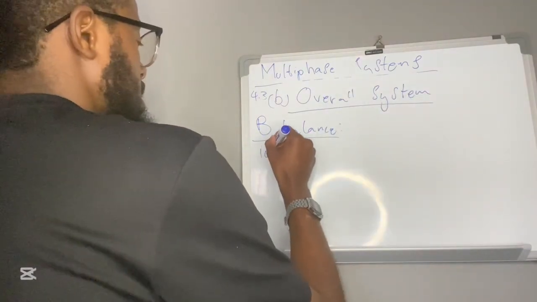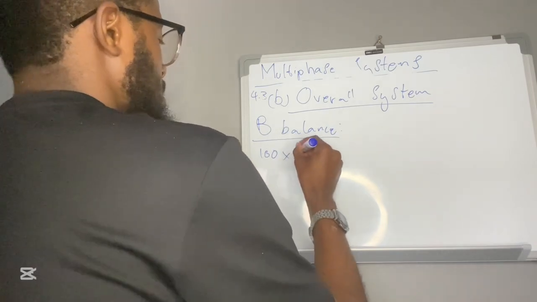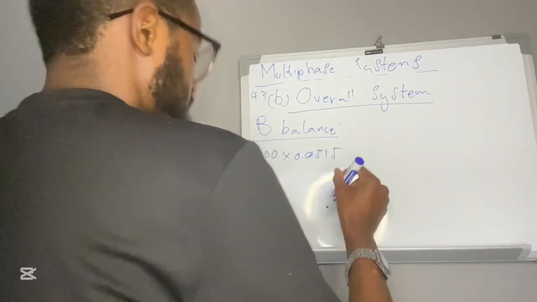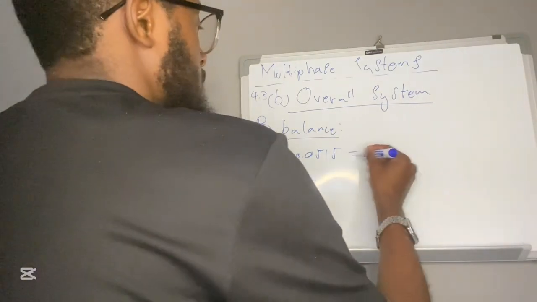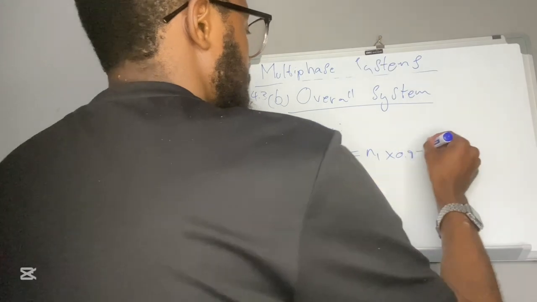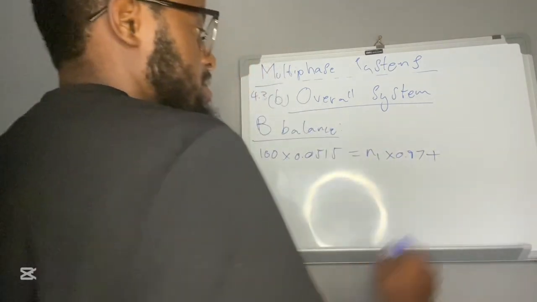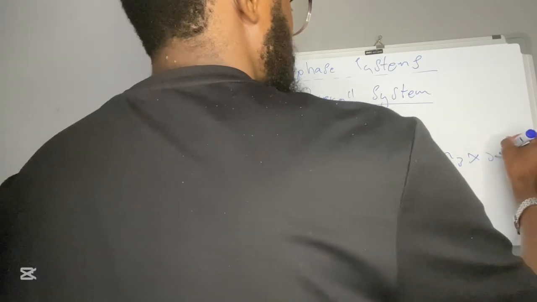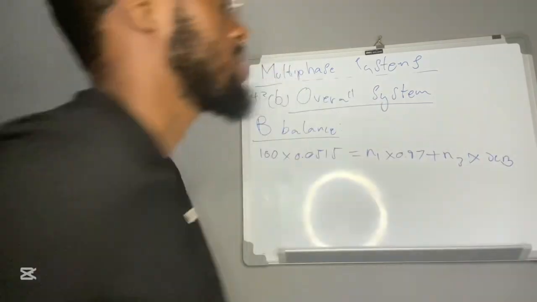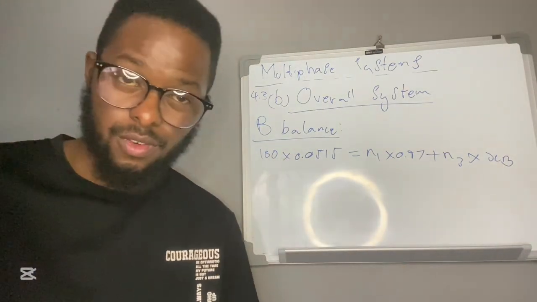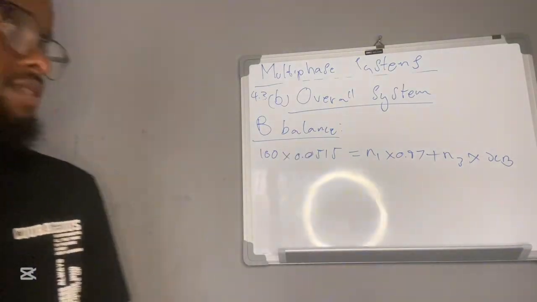So it's going to be 100 mole times 0.0515 equals N1 times 0.97 plus N3 times its component balance, XP, as we said in the overall flow chart.